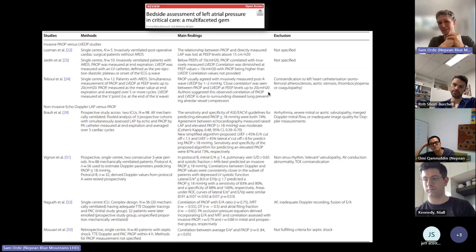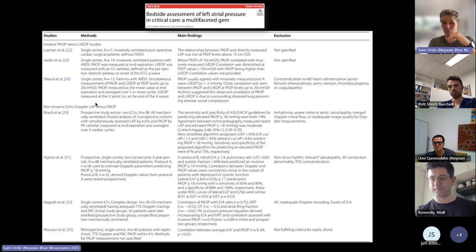So we can start to see maybe that we've got some invasive measures that are not perfect, because all of our diastolic dysfunction parameters have been assessed versus our pulmonary artery occlusion pressure. So it's a bit tricky to then say, when you've got patients who are critically ill on significant amounts of PEEP, maybe we're not comparing apples with apples.